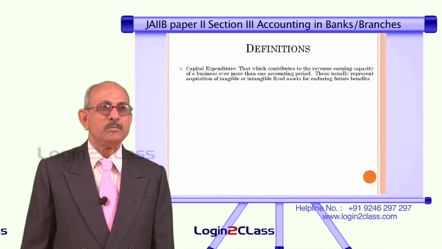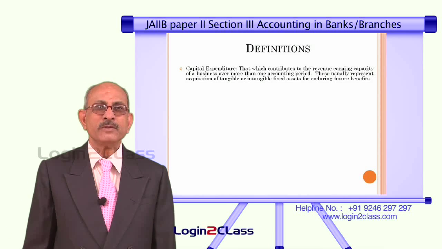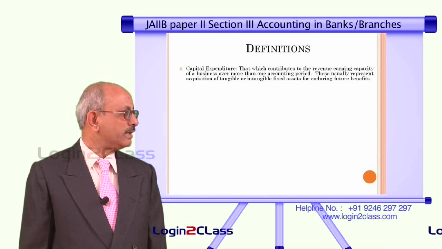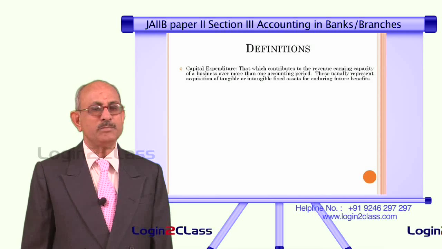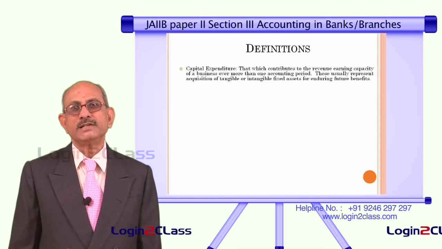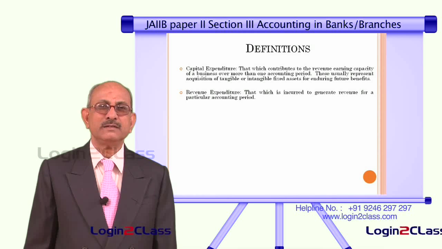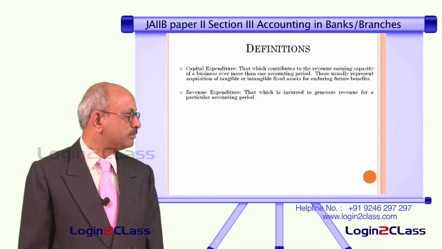For example, purchase of a patent. Though it is not tangible in nature, the patent will yield some benefits to the entity over an extended period. So, it is treated as a capital expenditure. Similarly, purchase of machinery or purchase of building. These will extend the revenue earning capacity of the entity to several periods. So, they are treated as capital expenditure.